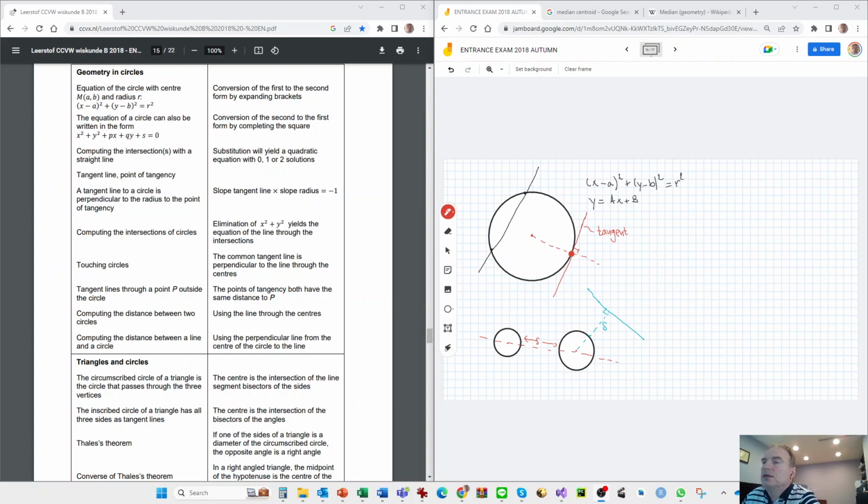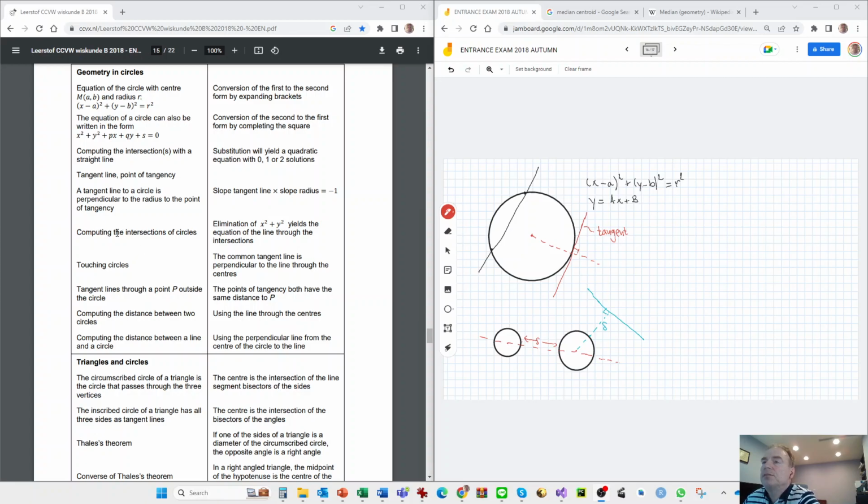So if you, for example, want to calculate the tangent, the expression of the line through a certain point, then you first calculate the radius, and then you, either by this rule for the slopes of perpendicular lines or the vector representation, find out what the direction is of this tangent line, substitute the point here, then you find the expression of this line.